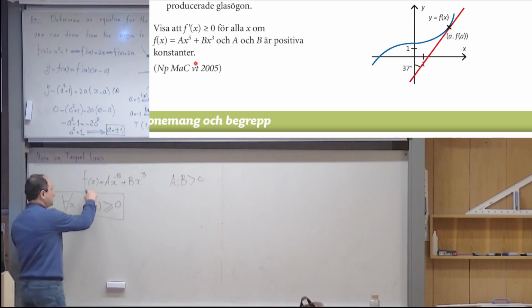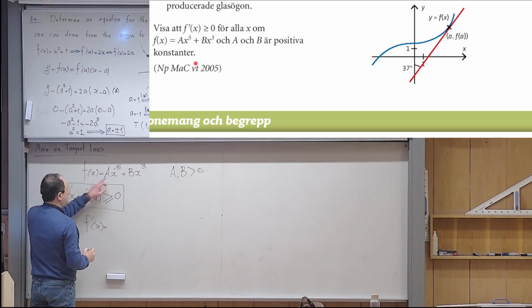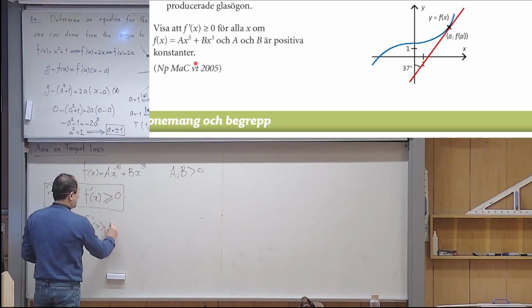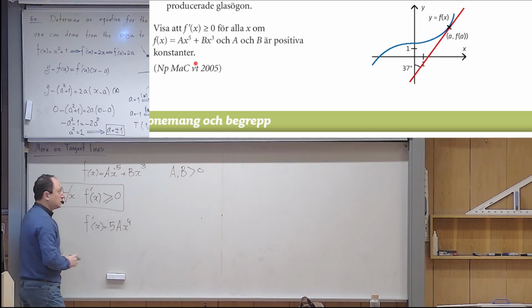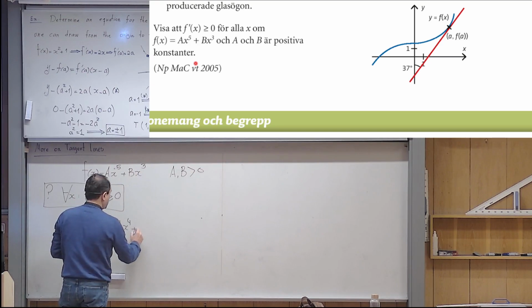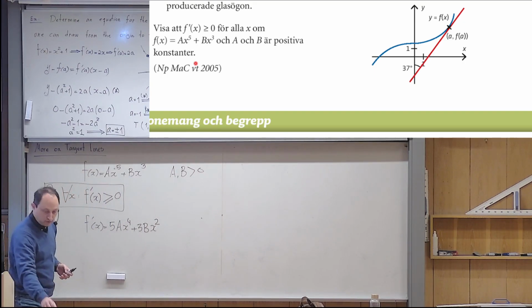But that's simple, yes, because if I take the derivative, this is a constant, 5 goes down, so it becomes 5a x to the power of 4. And then this 3 goes down, it is 3b x to the power of 2. But this is very simple now, do you see that?